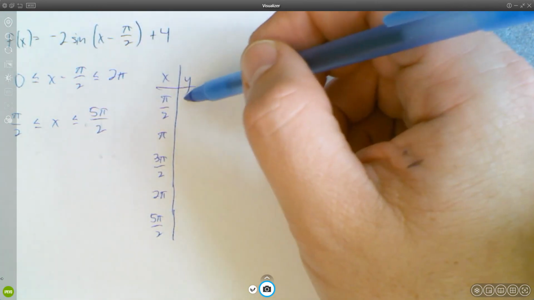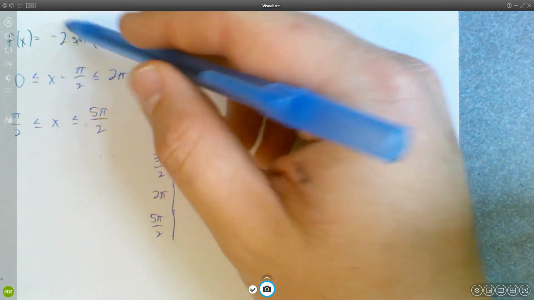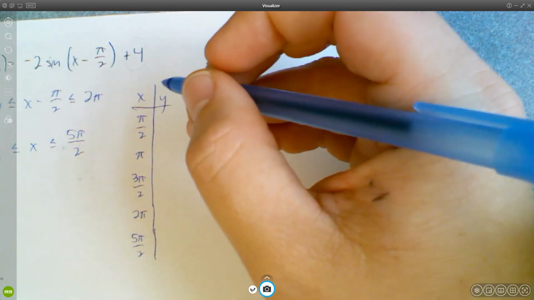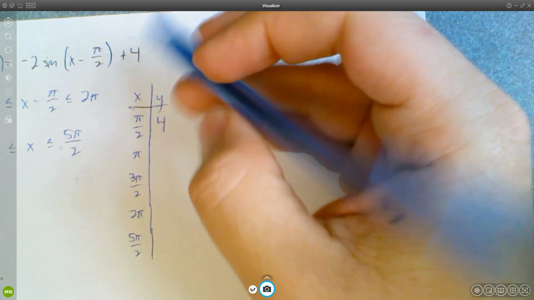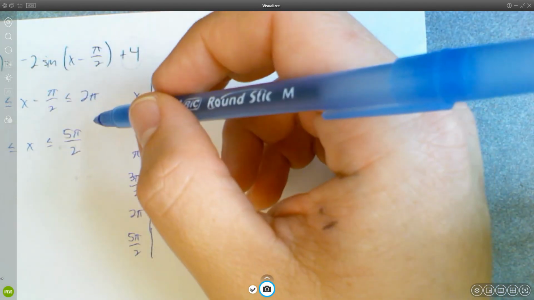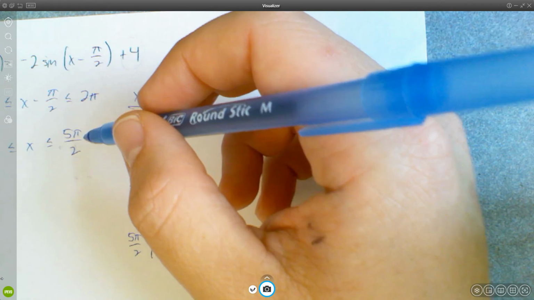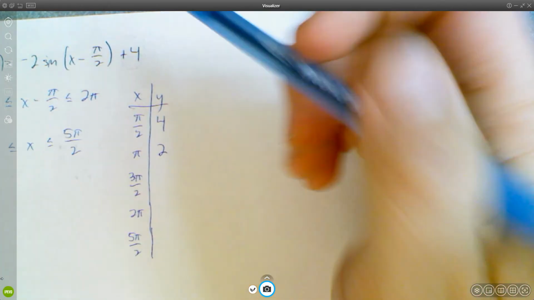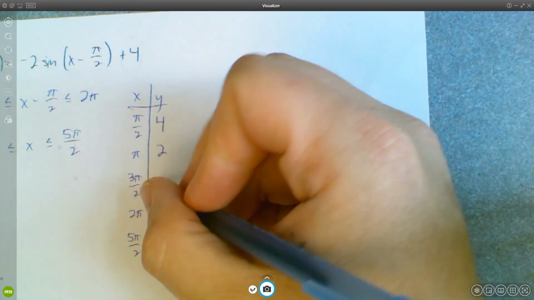Now sine usually starts at 0. I'm going to be multiplying these by negative 2 and then adding 4. So 0 times negative 2 is 0, plus 4 is 4. Then we go up to 1. 1 times negative 2 is negative 2. Negative 2 plus 4 is 2. Then we go back to 0.